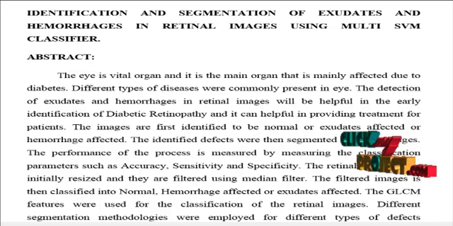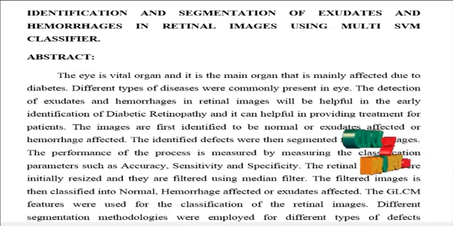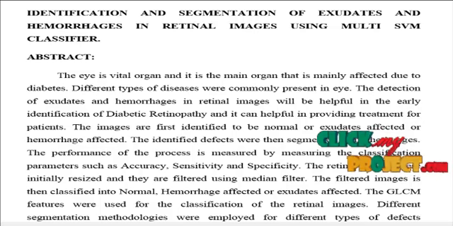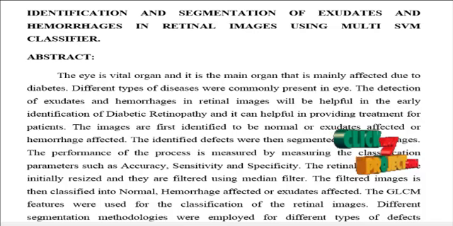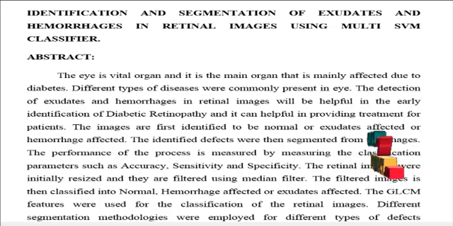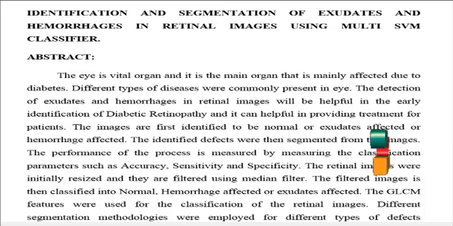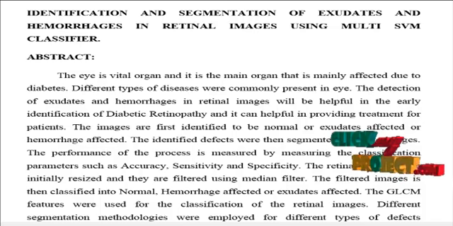The GLCM features are used for the classification of retinal images. GLCM stands for Gray Level Co-occurrence Matrix. Different segmentation methodologies are employed for different types of defects. The exudates are segmented using morphological operations. The hemorrhages are segmented using a thresholding process.